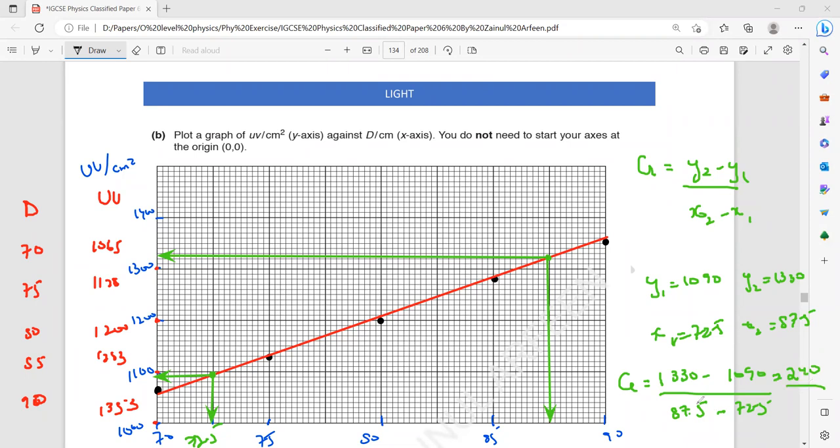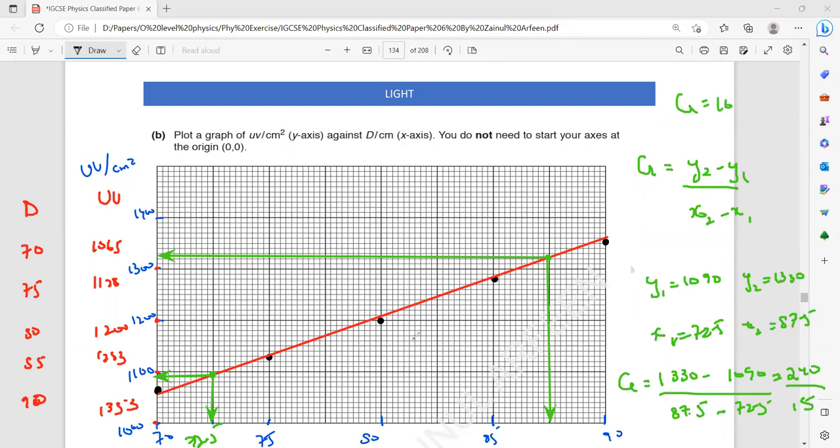And the denominator, 87.5 minus 72.5, is 15. So 240 divided by 15. What's the answer? 16. So the value of the gradient is equal to 16.